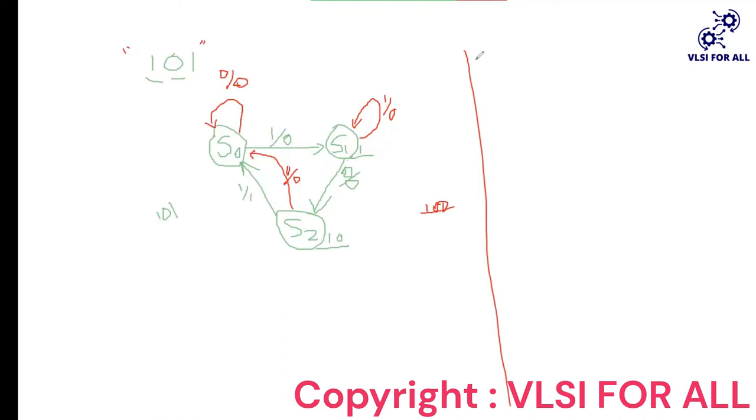Okay, let us do Mealy machine for overlapping here. This is non-overlapping, right? This is for non-overlapping sequence. Let us do the same Mealy machine for overlapping, 101 for overlapping here. Here we did for non-overlapping. Let's do it for overlapping. So we have the same 3 states again.